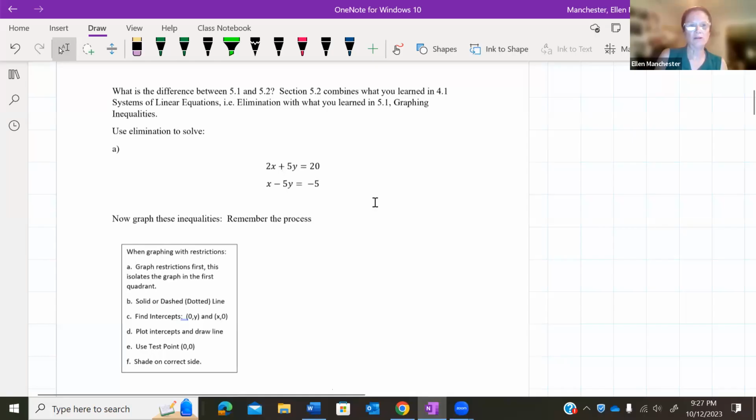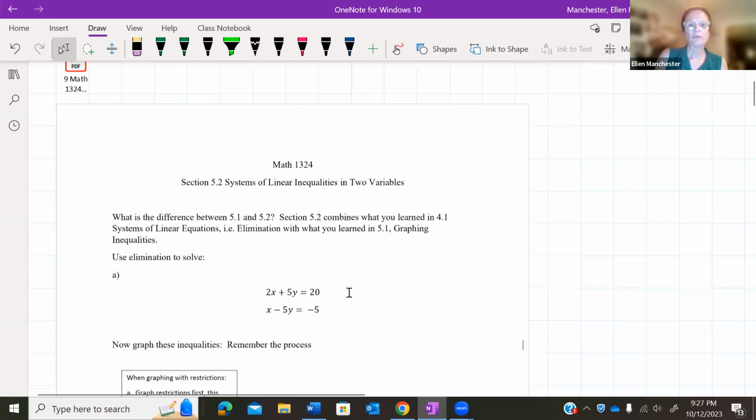5.2 in our OneNote looks like this. So remember, when we're looking at systems of linear equations, on Tuesday we talked about 4.1. 4.1 was the systems of linear equations. That is when you have two lines and they cross, and you're looking for the one point where the two lines cross.